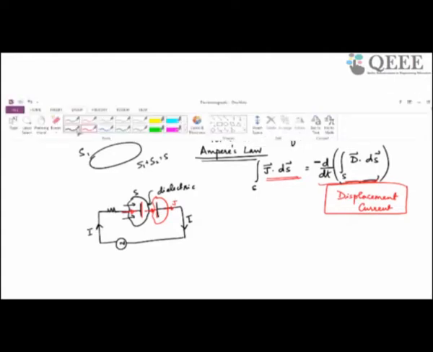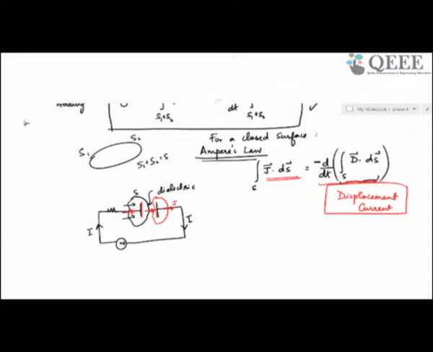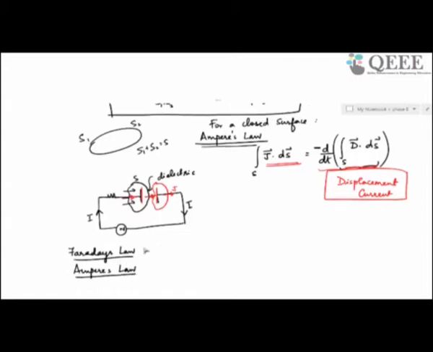Let us move on to the third law. So you are equipped with two Maxwell's equations now. We need to talk about the third law. In fact, these two laws, your Faraday's law and Ampere's law, actually explain the formation of electromagnetic waves, because Faraday's law tells you that whenever there is a time rate of change of magnetic flux, and the magnetic flux changes with time, you have an electric field.